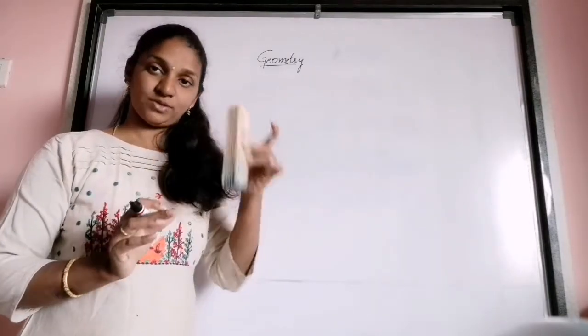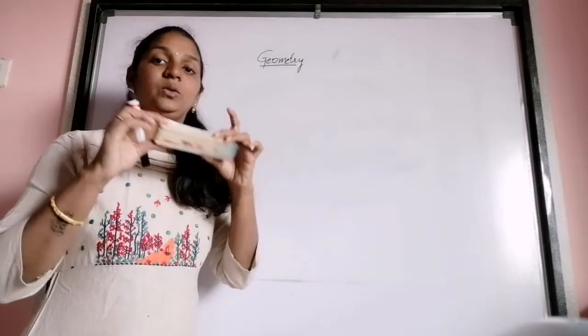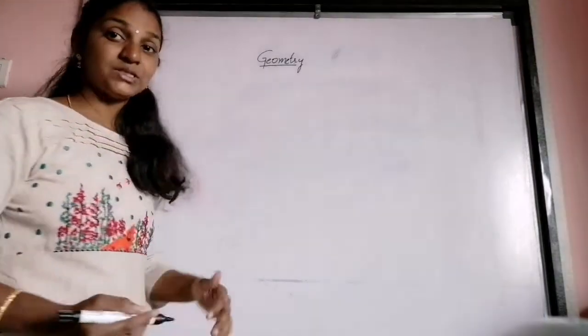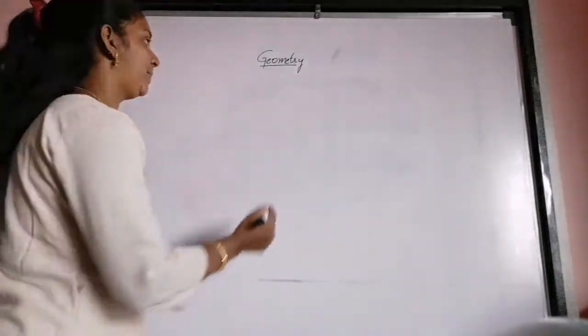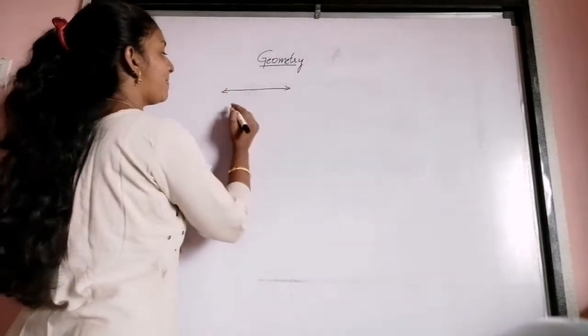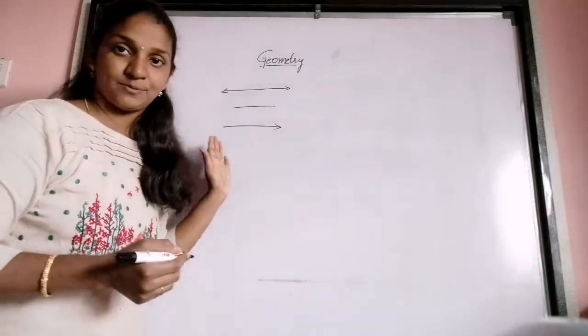This is also a geometrical shape. Let us learn, and then we can understand which shape it is. Let's start. First we will start with the lines. There are three types of lines.